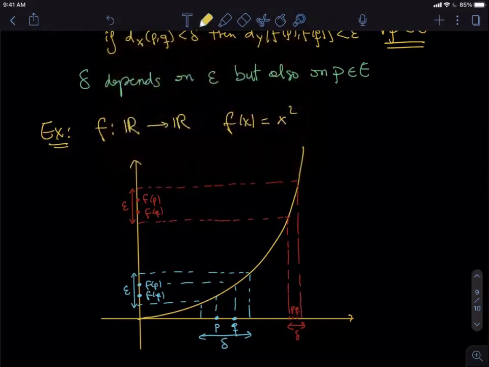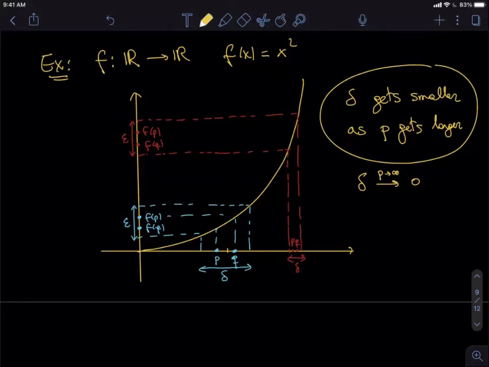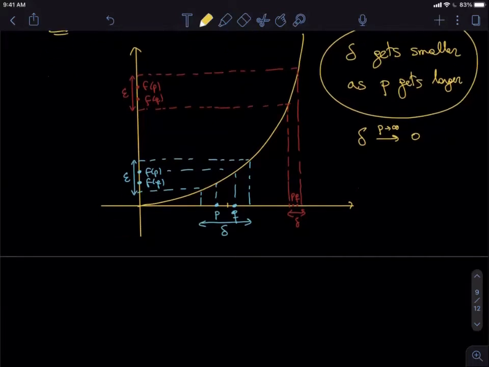Okay, so somehow what we see here is that delta gets smaller as p gets larger. Okay. Actually, we can make a computation to show that delta goes to 0 with p. It's very easy.